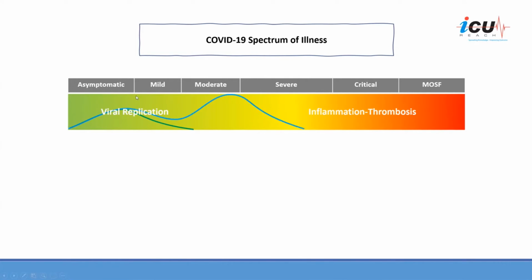Other patients may actually get the initial systemic symptoms. They may get better. We know that the symptoms may actually improve and then get worse, but they do not progress into a severe disease. They get manifestation of moderate disease. They may have infiltrates on the chest X-ray, but everything gets better and patients recover.